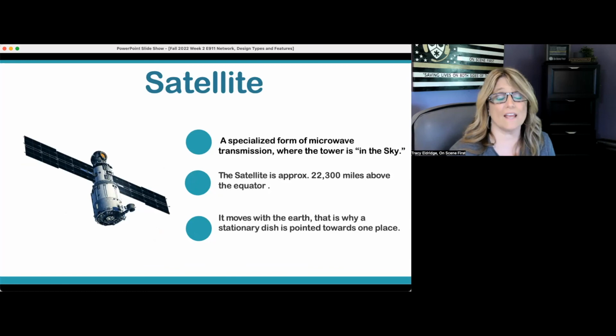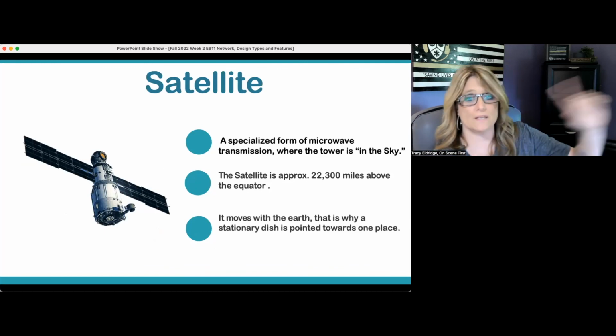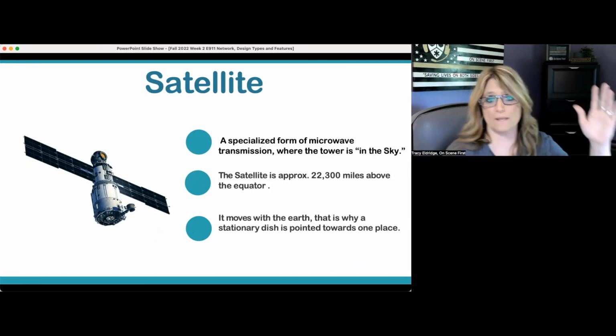And then satellite. Your satellite mechanisms, and when we move things, it's a specialized form of microwave transmission where the tower from tower is actually in the sky. So satellite has the ability to send microwave type data from one place to another with the tower being in the sky.